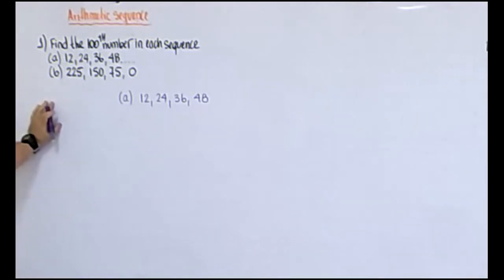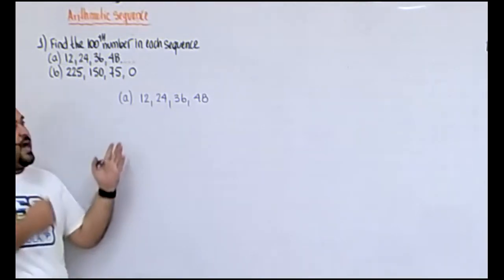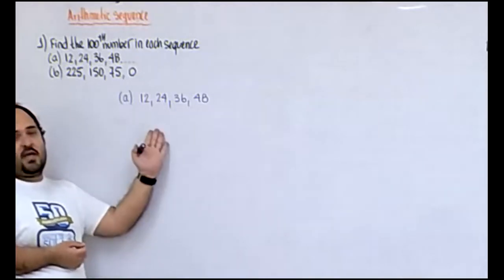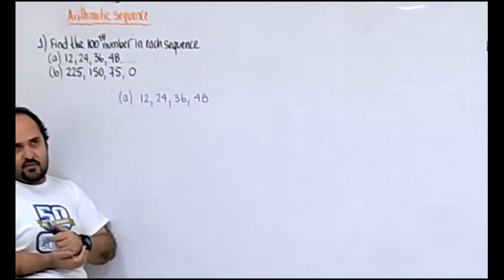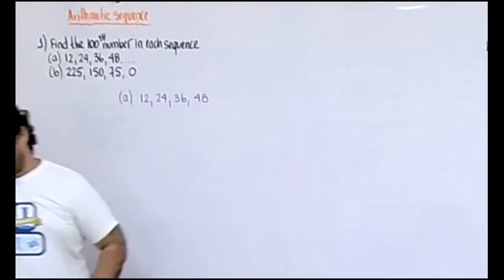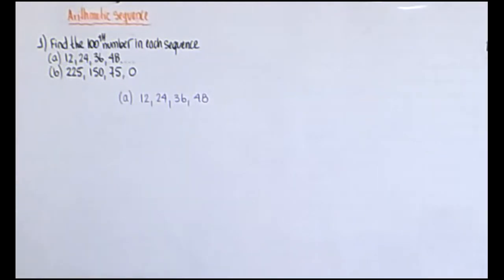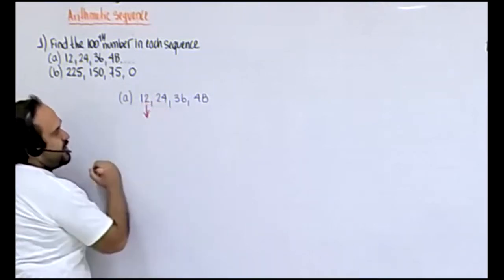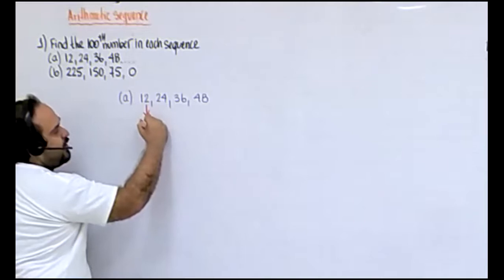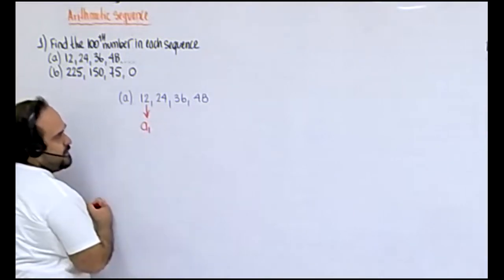But ultimately, we're going to apply the concept that we learned yesterday. The main idea is to review how to identify or create the equation that satisfies that sequence. As you can see, the number 12 represents the first term, which we call A1.